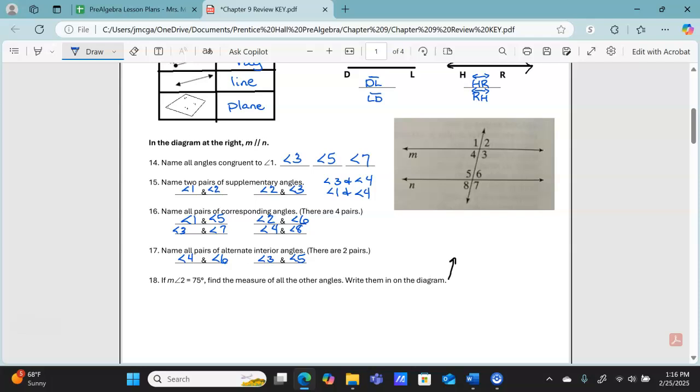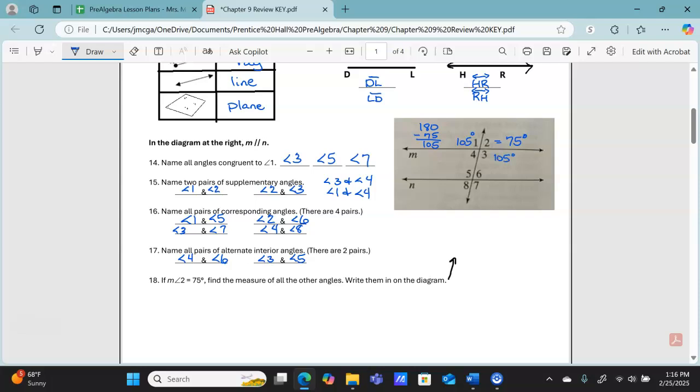Okay, in number 18, they tell me that this is 75 degrees. From that, I can figure out angle 1 because it's got to be 180 minus 75, so it's 105 degrees. If 1 is 105, so is 3, because 1 and 3 are vertical angles.